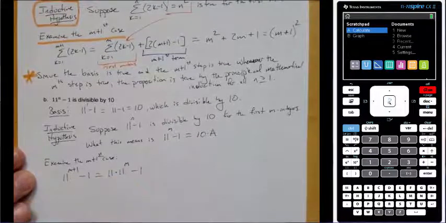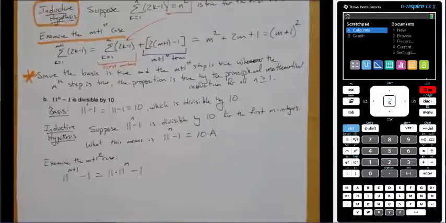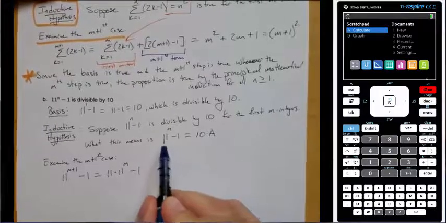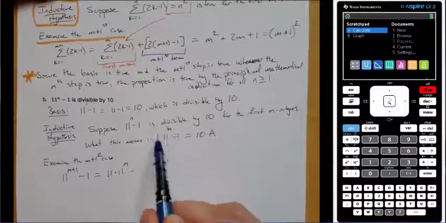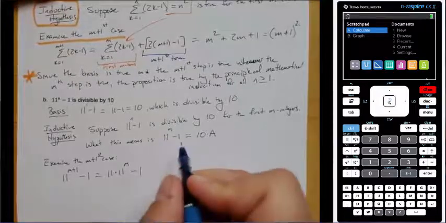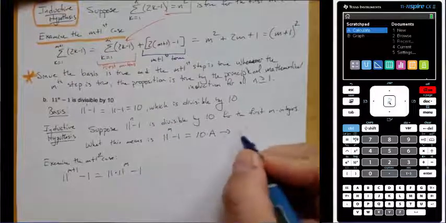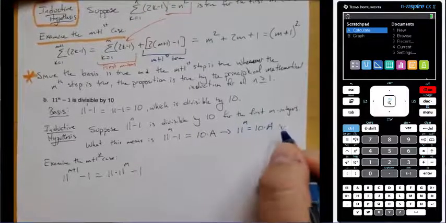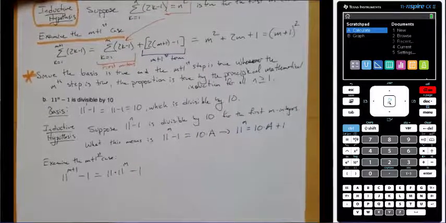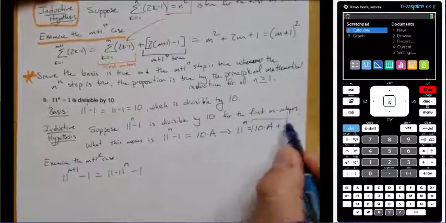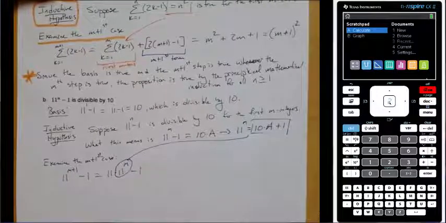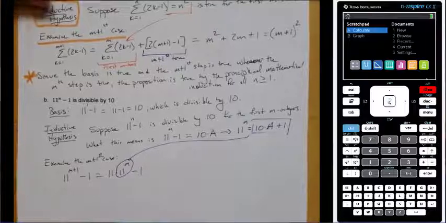This is where the equation that we came up with by divisibility is going to come into play, because I see there's an 11 to the m term. So I could rewrite 11 to the m as 10 times something plus 1. And this is where the inductive hypothesis comes in.